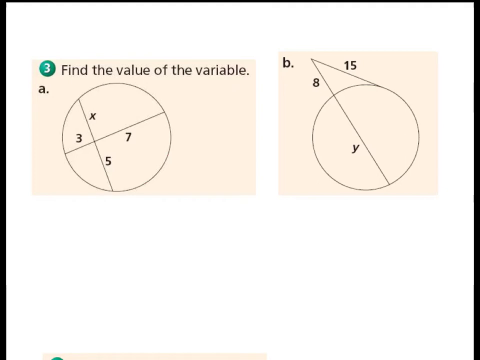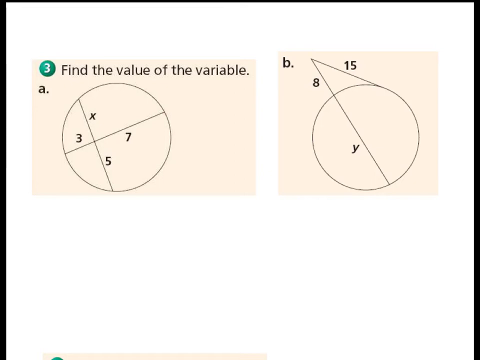So in example 3 here, you determine where is the vertex. Well, the vertex is inside the circle and it's not at the center. So now we don't have the angles this time, we have the segment lengths. So we have to refer to theorem 12.12.